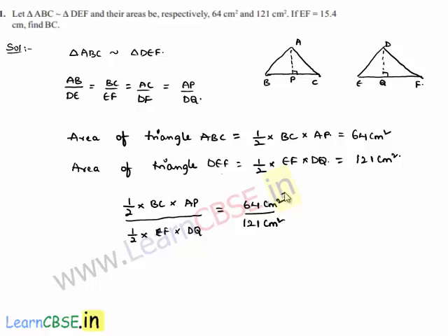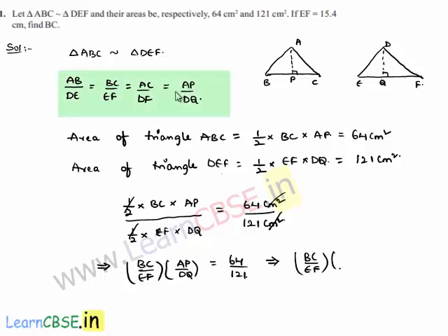As centimeter is common in numerator and denominator, that will be cancelled, and the half in numerator and denominator will also be cancelled. So we can write this as BC by EF into AP by DQ, which is equal to 64 by 121.